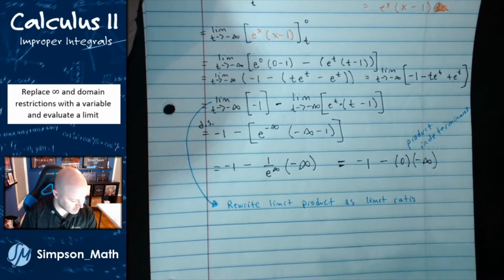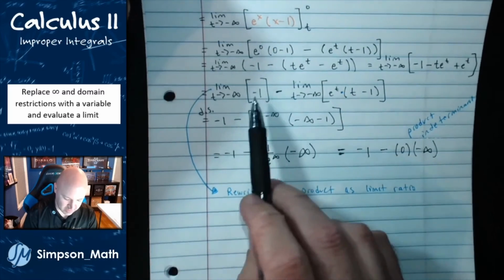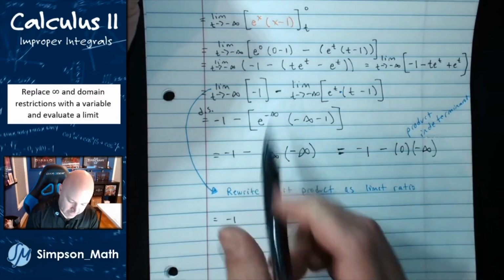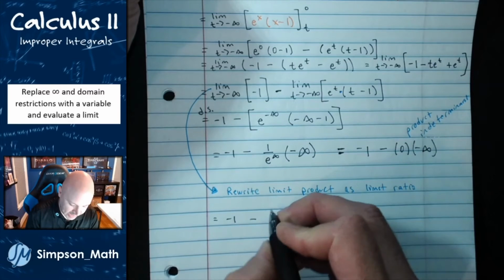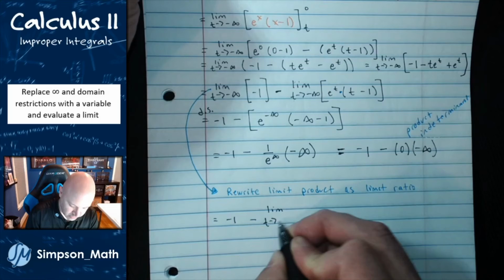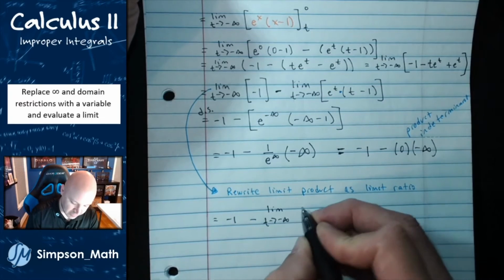So that negative 1, I'm not concerned with that at all. No matter what I do, that's going to be negative 1. But I'm now subtracting a new limit as t approaches negative infinity.